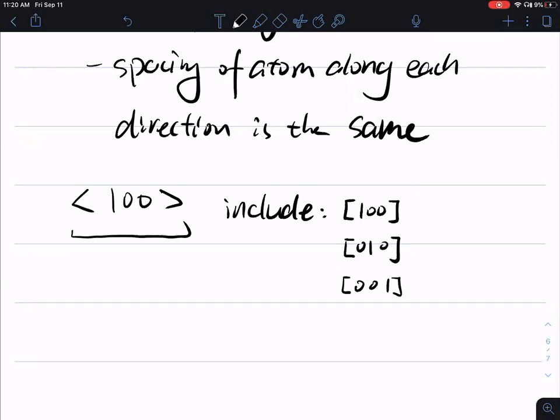Yes. You can change the order of the 0s and 1s as long as you have two zeros and a 1, you're good. And you can also switch the negative signs. You can add negative signs to any of them, and then you have a lot of combinations.